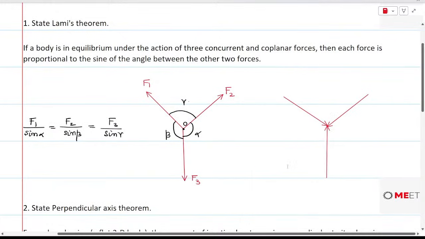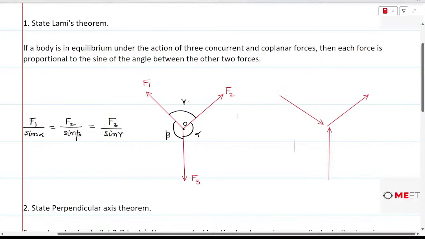So either the forces should be directed towards the point, or they should be directed away from the point. Only then can we apply Lami's theorem. If any one of the forces is drawn in a different way, but the other two forces are directed towards the point, then in that case we cannot apply Lami's theorem.